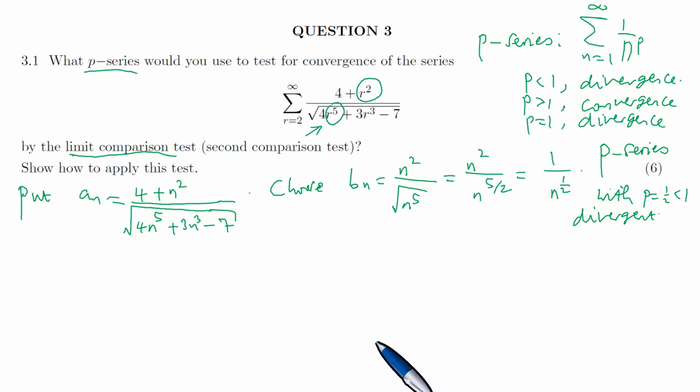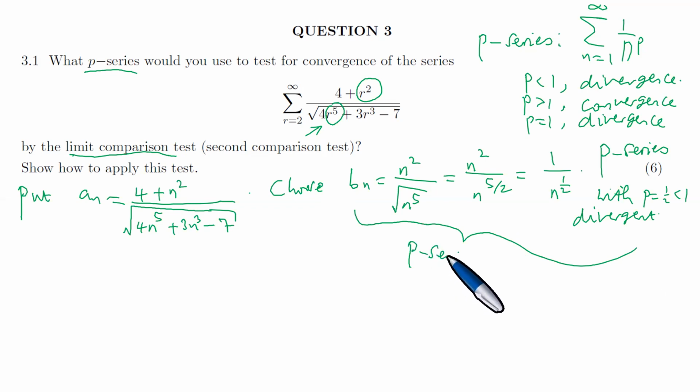Right, the next thing now we're going to do, so that is the Bn. So if you answered the question, what p series would you use to test for the convergence of these? So this is the p series, this one here. Use this one here, and this is the p series that they want in the question.